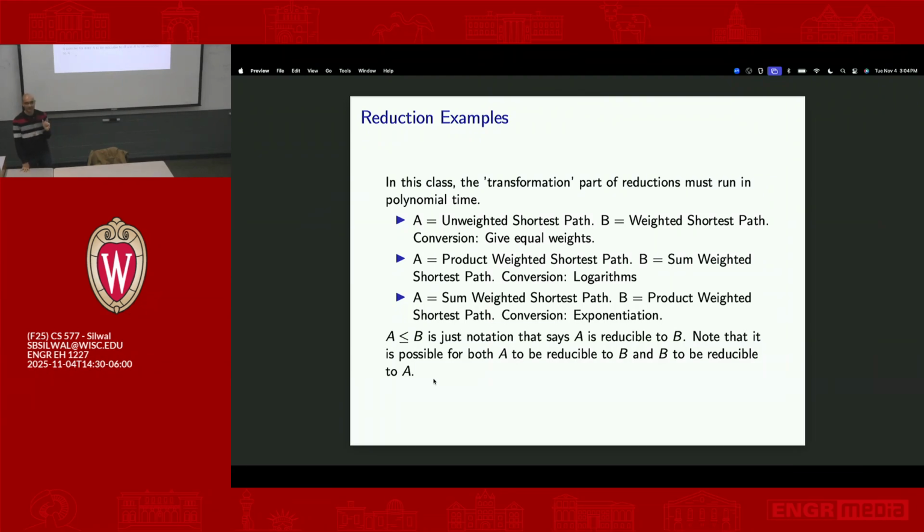Okay, that's all this means. Does that make sense? So this is how we quantify which problems are easy and hard. If I know that if I have an algorithm for B, I can convert it to an algorithm for A, then intuitively, A is an easier problem than B. Okay. All right.